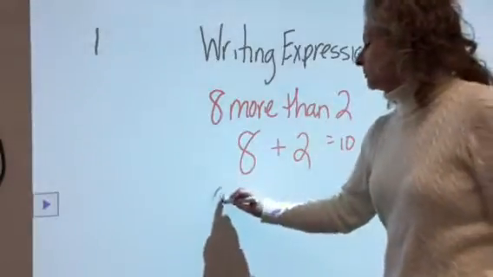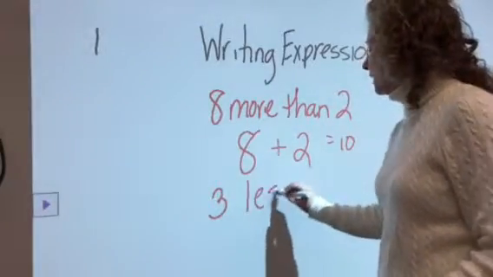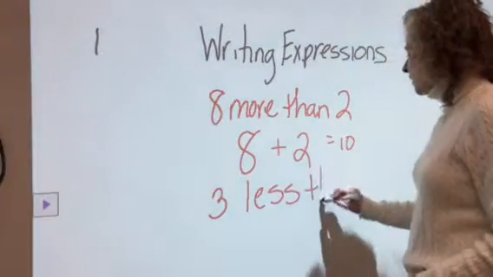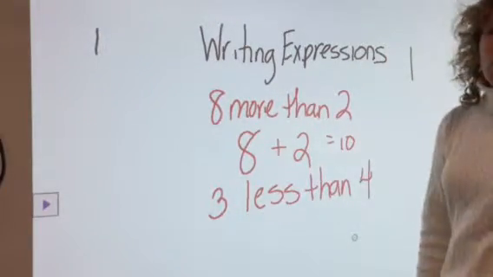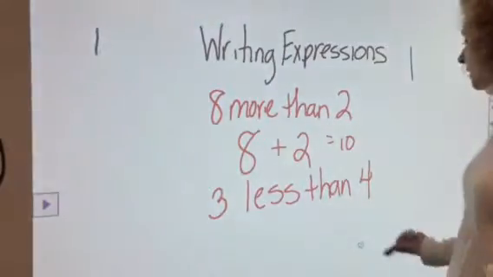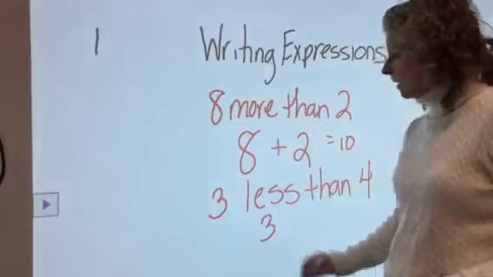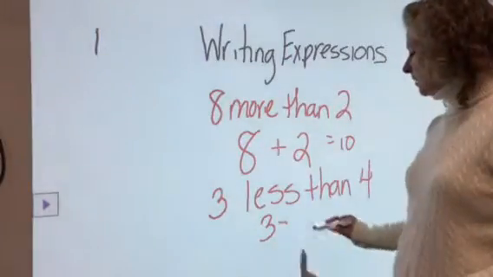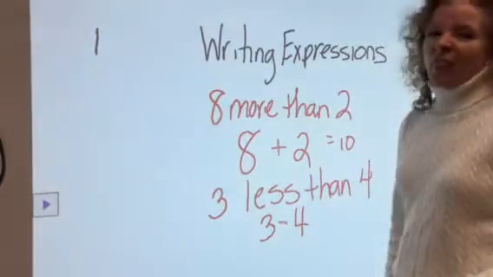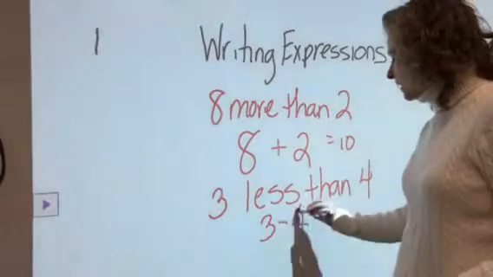How about this one? If we do 3 less than 4. Now, I can guarantee you, somebody out there is going to want to go 3 less than means subtract, less than 4. That's not correct.